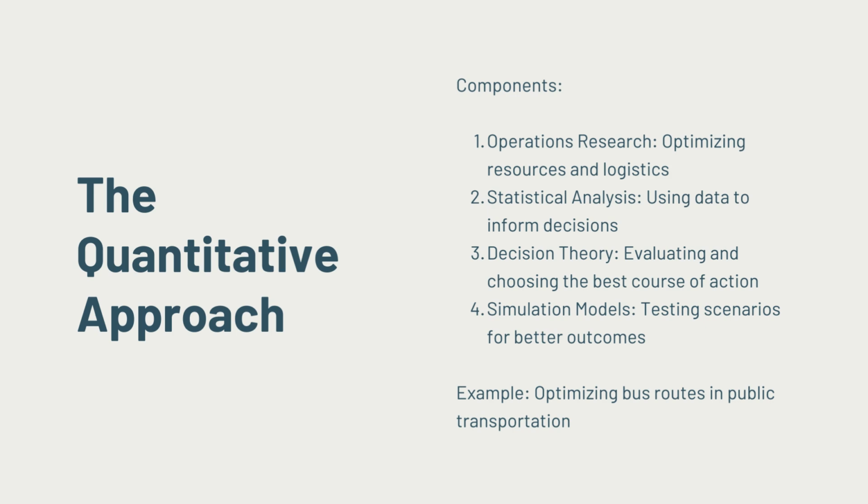Statistical analysis involves collecting and analyzing data to identify trends, make forecasts, and even inform decisions. So, statistical tools can help managers be able to spot and understand patterns and correlations just by looking at the data.